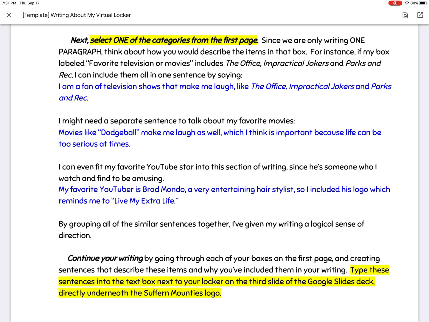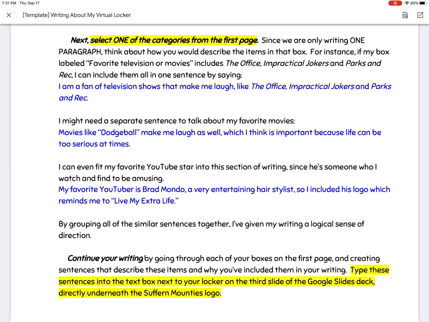So by grouping all of the similar sentences together, I've given my writing a logical sense of direction, and that way it's easier for the reader to follow me and understand. So you will attack your writing this way tomorrow. You're going to go box by box and group like things together, and then write sentences that flow into each other, that can lead your reader into a logical direction.